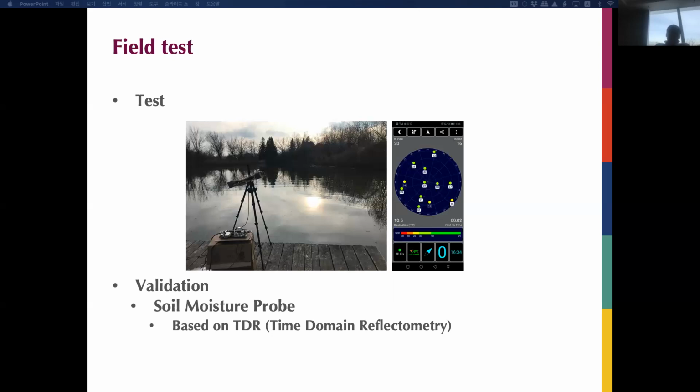There are so many types of soil moisture probes in the world, but among the methods for in situ soil moisture measurement, the time domain reflectometry method, also called the TDR method, can predict the dielectric constant. So we use the TDR soil moisture probe to validate our dielectric constant.